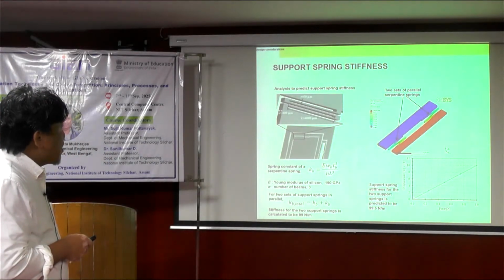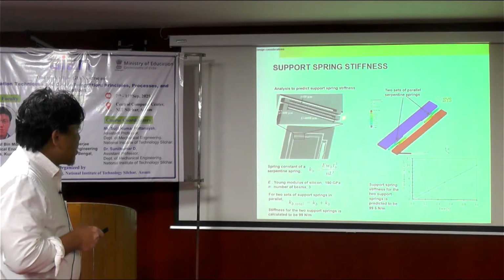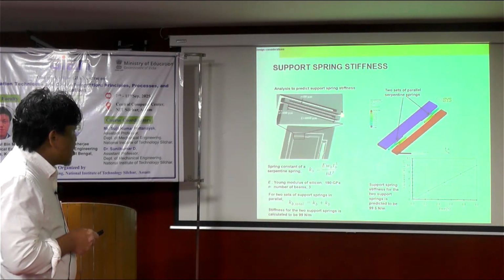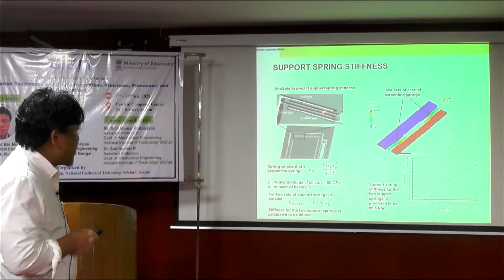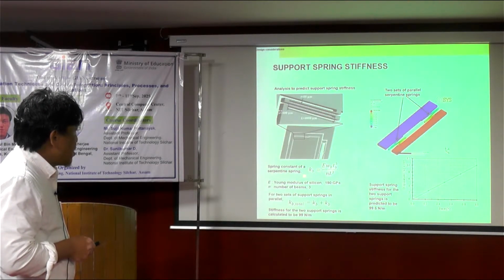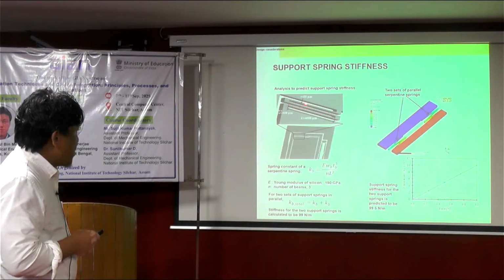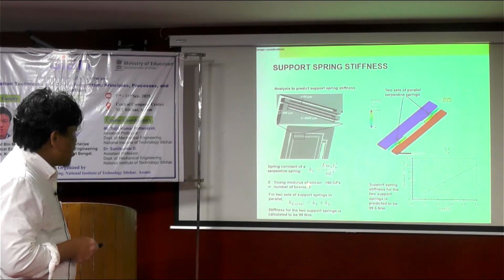Then we have the support spring as well. The support spring also needs to be calculated in terms of the stiffness of the spring. So the spring constant of the serpentine spring can be calculated using this equation. Then the Young modulus of silicon, we know the property of silicon, 100 gigapascal, and the number of beams here, 1, 2, and 3. 3 beams.